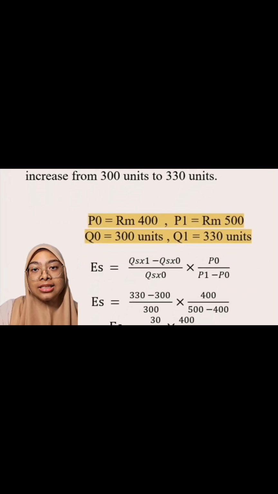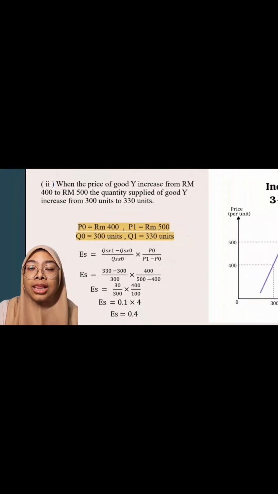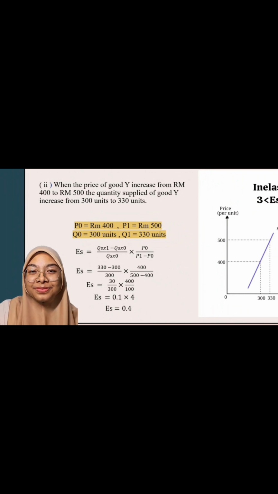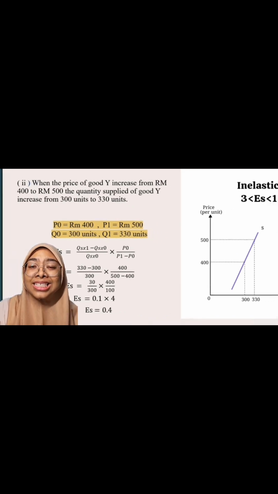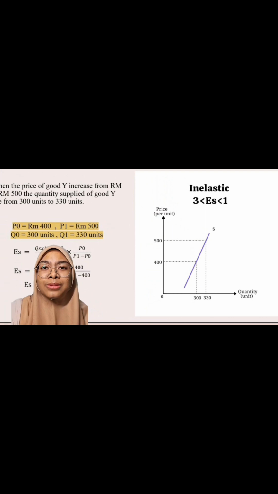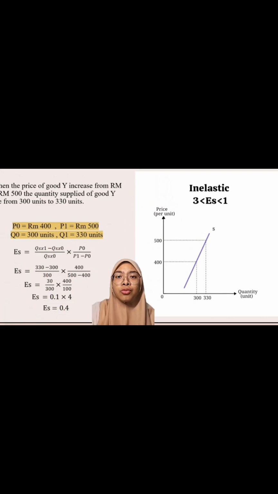Let's list the details needed and substitute all the details into the formula like this. The answer is elasticity of supply equals 0.4, which means it is inelastic. It is because the change in the price of good Y causes a smaller percentage change in the quantity supplied.